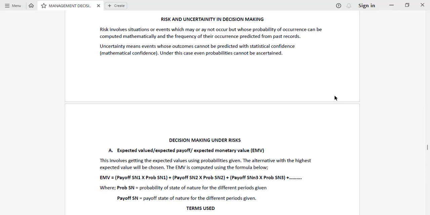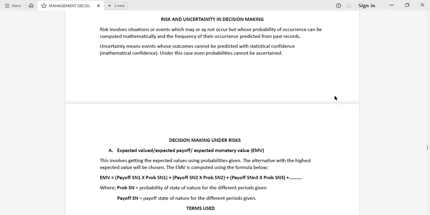So let's try to look at the uncertainty, because we are going to get an introductory part where we are going to be talking about the definition of risk, definition of uncertainty. We look at the decision making under risks, where we are going to look at something called the expected values or the expected payoff or the expected monetary value, EMV.